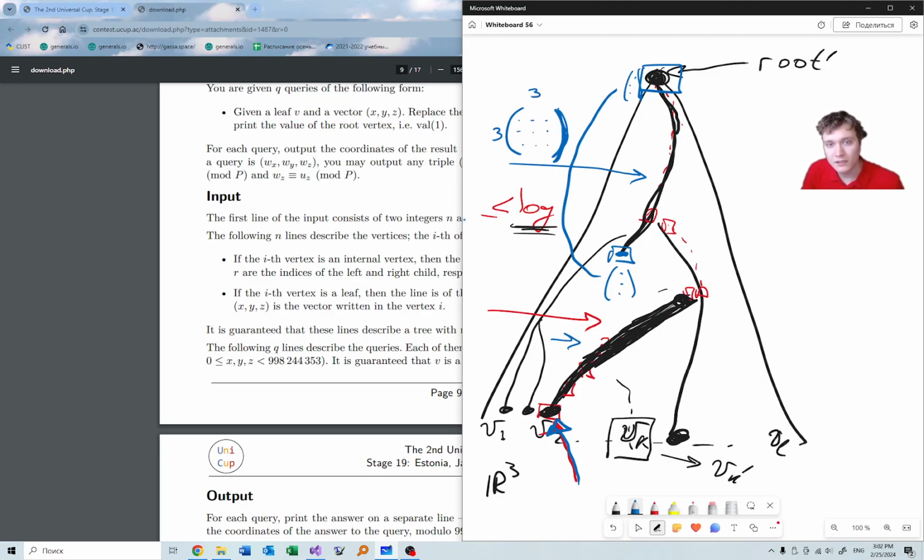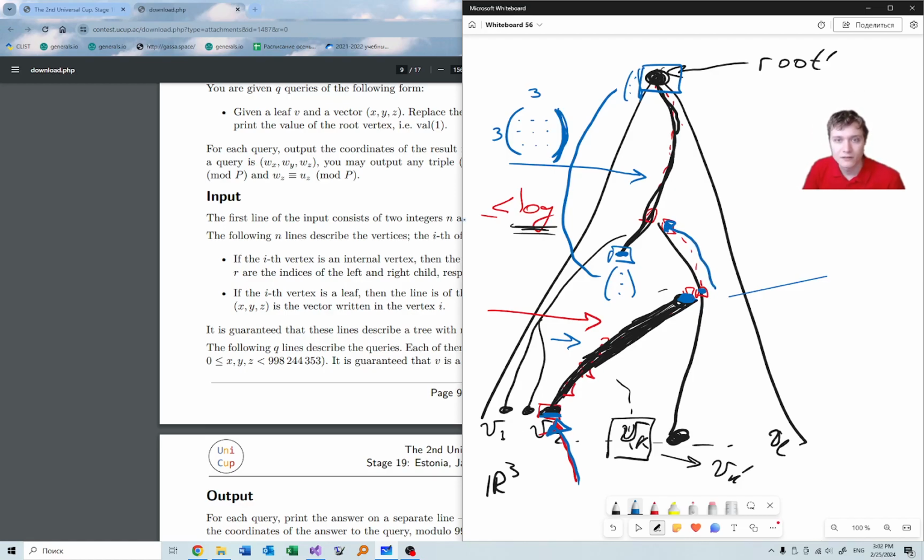However, it's not enough, because we don't always come from the lower point to the upper point. Unfortunately, sometimes, for example, in this case, after we have jumped here, we need to traverse from this vertex to this vertex.